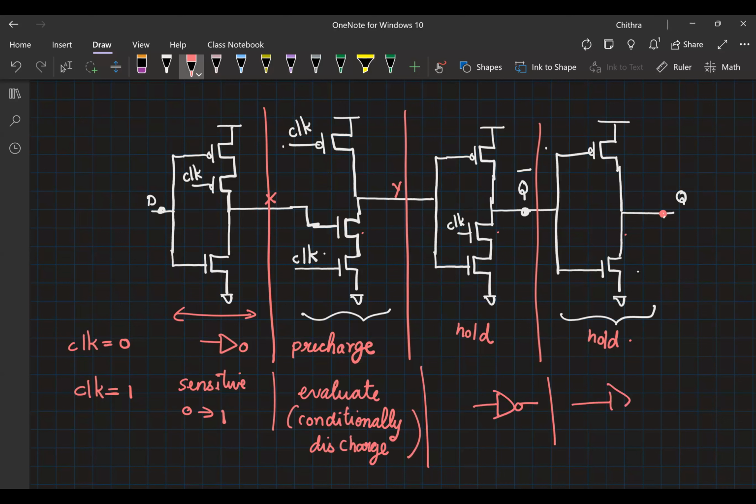This stage is also like an inverter. So now if you meet the whole time constraints, then this can act as a flip-flop. So any questions on this?